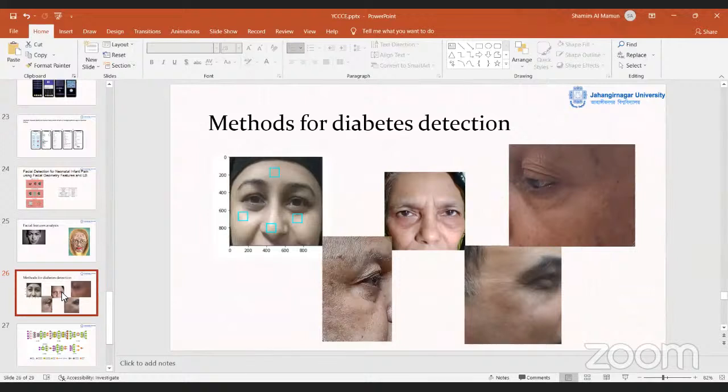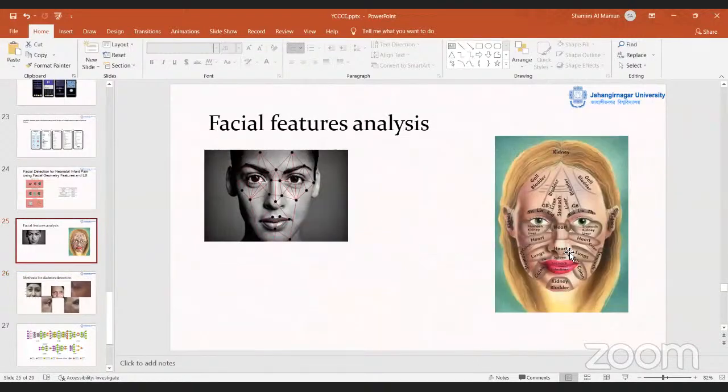The Bangladesh Medical Association and our lab are collaborating, preparing a medical diabetes patient data set for facial analysis and the associated diseases, which are associated due to diabetes also.